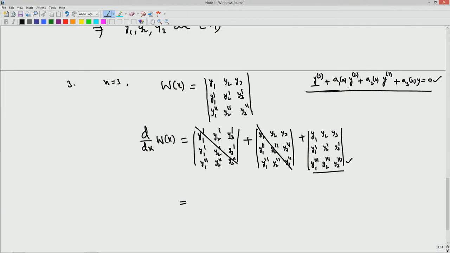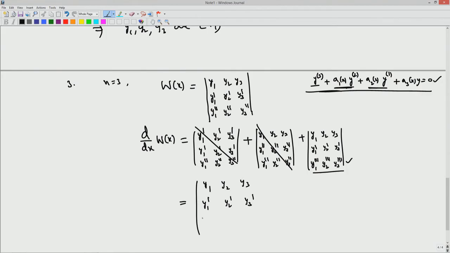So when you replace y1 triple dash with minus a1x y1 double dash, this is the only term that will contribute, because when you substitute minus a2x y1 dash, I already have minus y dash. Similarly, you are going to replace here. Let me take y1 dash, y2 dash, y3 dash.